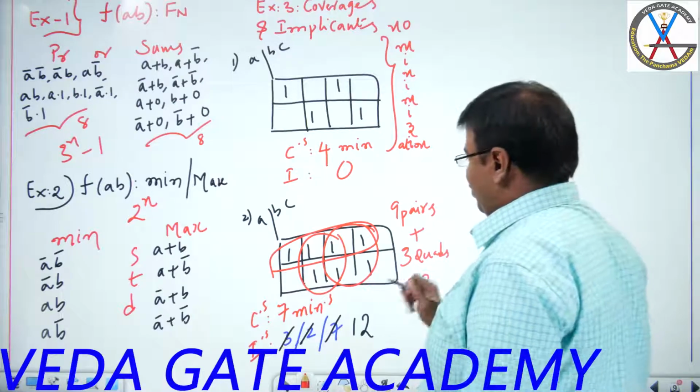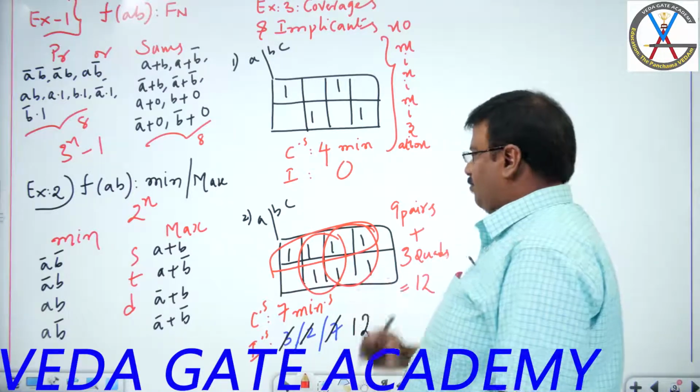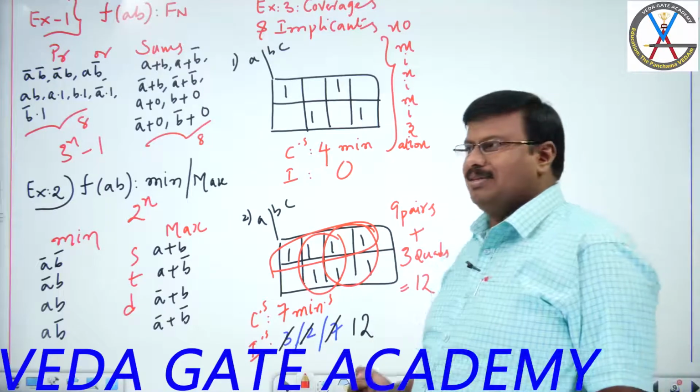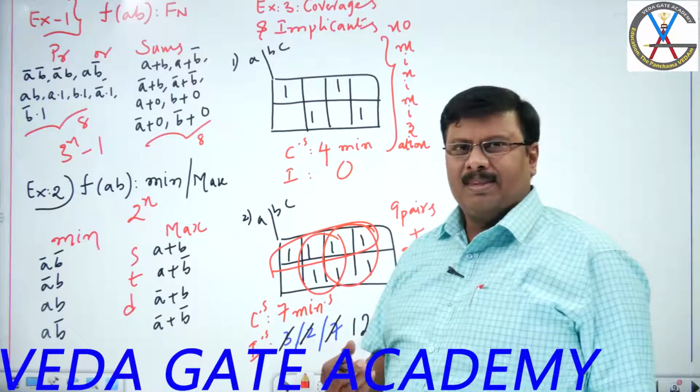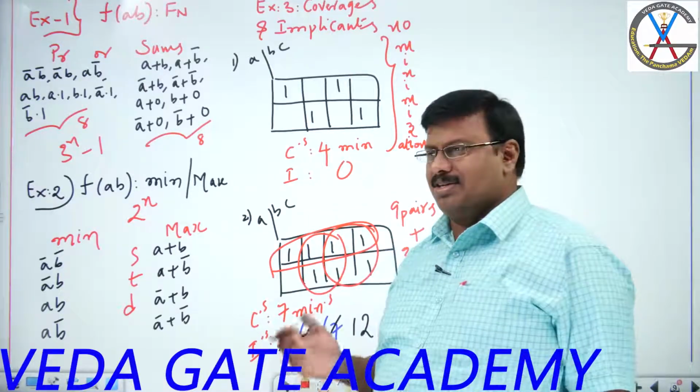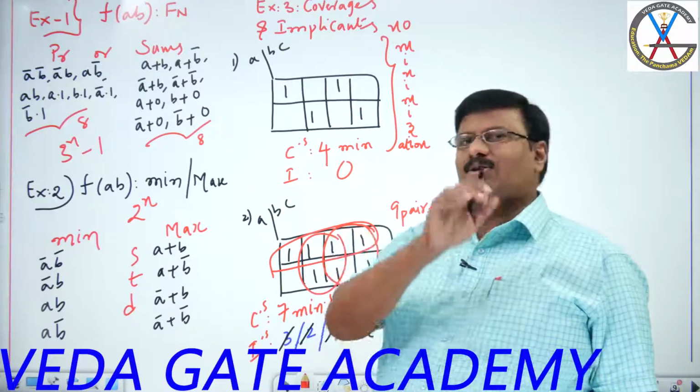Now, can I change my definition for implicant? Can I say implicant is every possible minimization? We can, right? So coverage which can be minimized or every possible minimization. All pairs, all quads and all octets.